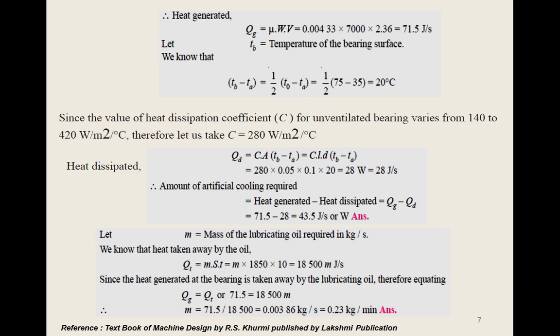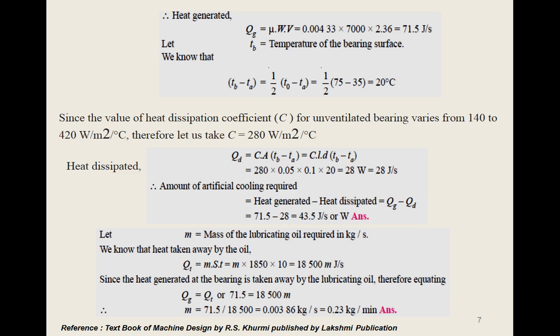The heat dissipation coefficient is not given in this question. We have a range of 140 to 420 watt per meter square degree centigrade from the design data book, and we have chosen one value, C equal to 280 watt per meter square degree centigrade. You can choose any value between 140 and 420.